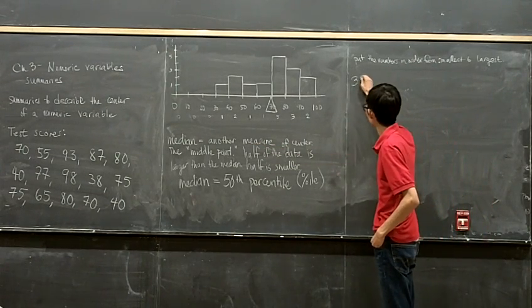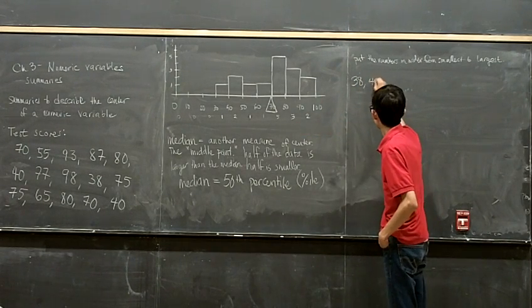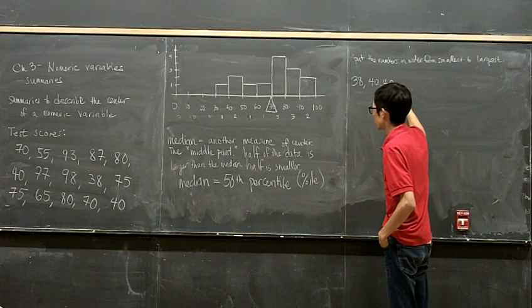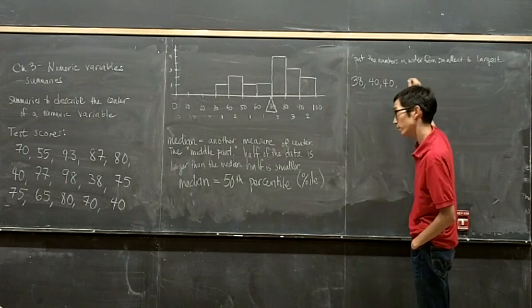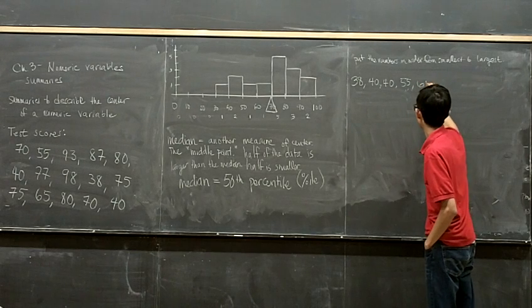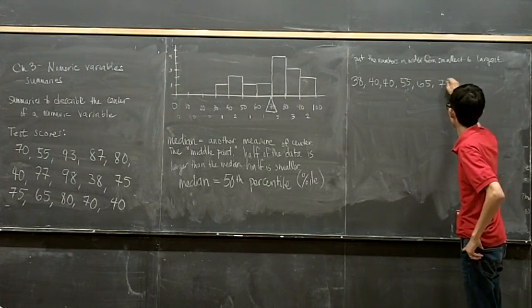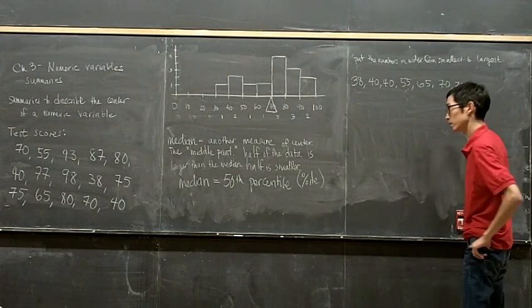It's hard to do this when you're at the board, but I'm going to do my best, okay? So I'm going to do 38, 40, 40, 40, 40, I've got 55, and then 65, and then 70, 70, maybe another 70, right?